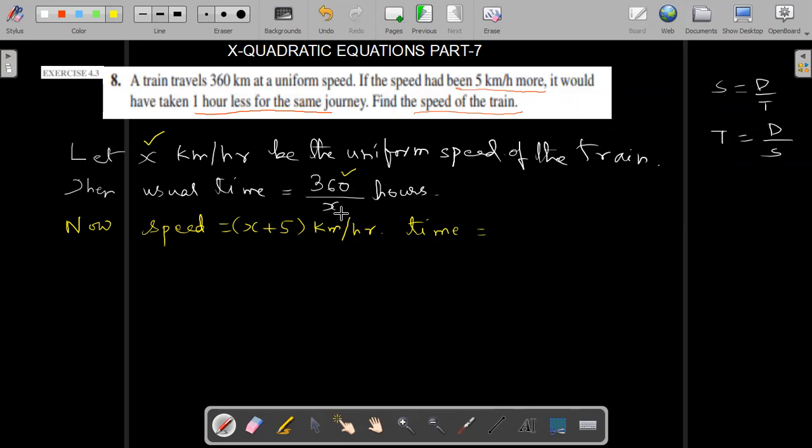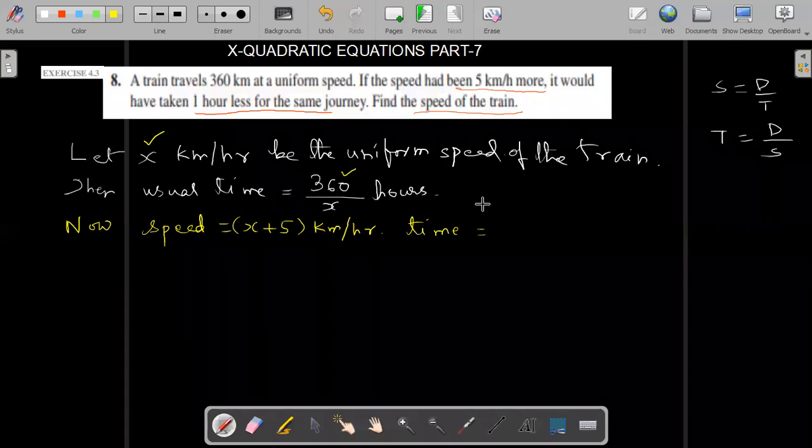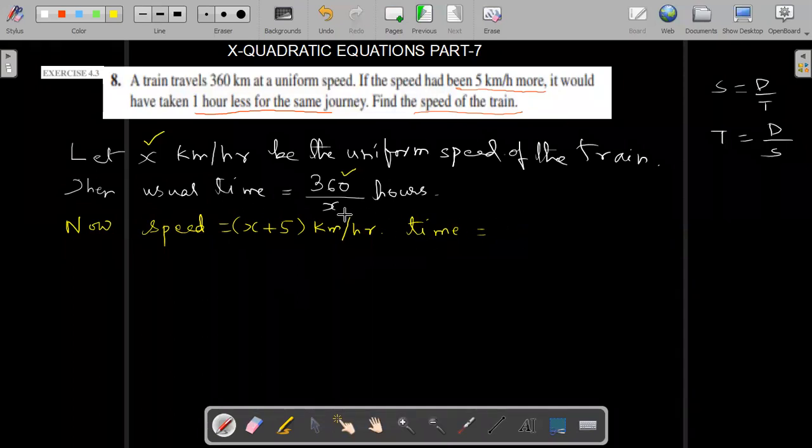So the time will be 1 hour less, that means 360 by x minus 1. It will be the time to cover the distance if the speed is increased.